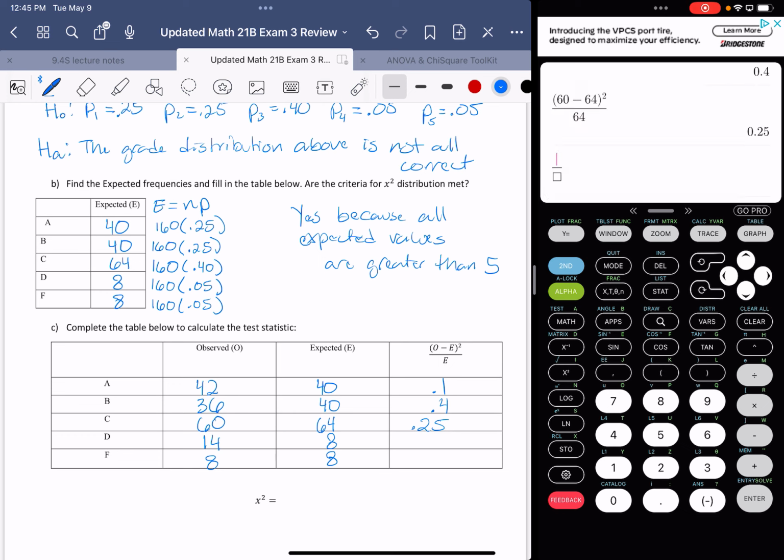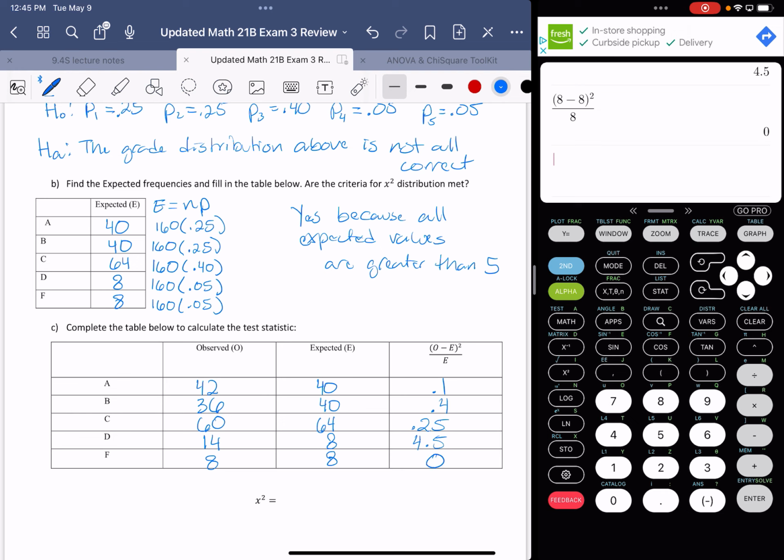Next, for the D's, you have 14 minus 8 quantity squared divided by 8. That is 4.5. And lastly, for the F's, 8 minus 8 quantity squared divided by 8 is 0. I'm going to just finish out the whole process, though.